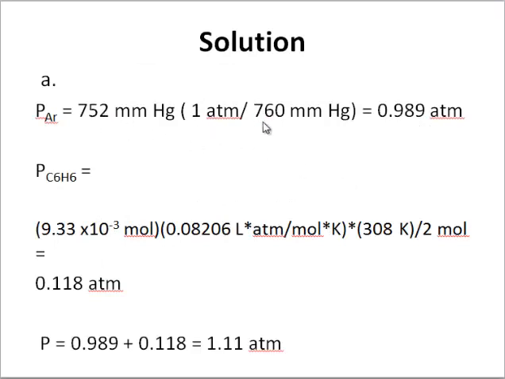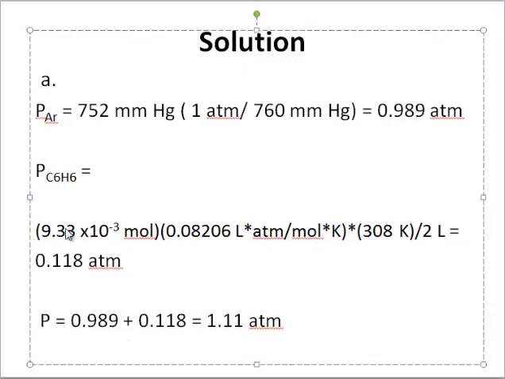Pressure of the argon, well, I convert that to atmospheres: 0.989 atmospheres. Pressure of the C6H6, called benzene, is 9.33 times 10 to the negative 2. It's found by taking 9.33 times 10 to the negative third moles, multiplying by the gas constant, multiplying by the temperature, and dividing by the volume.